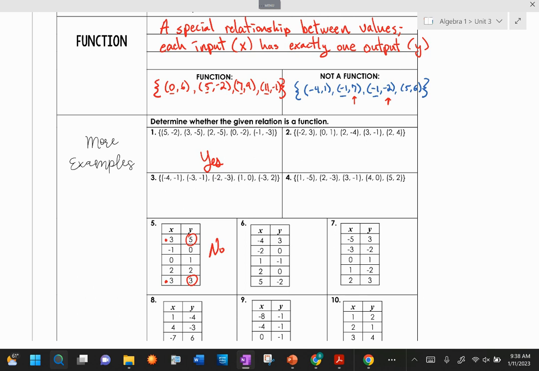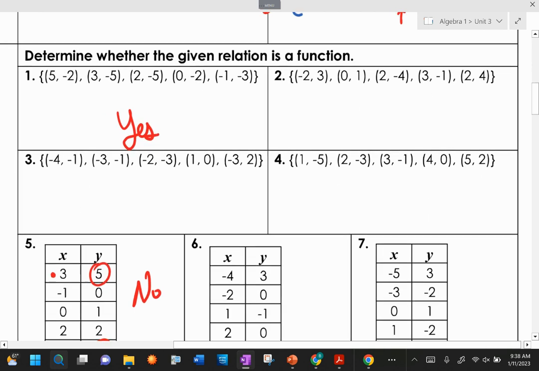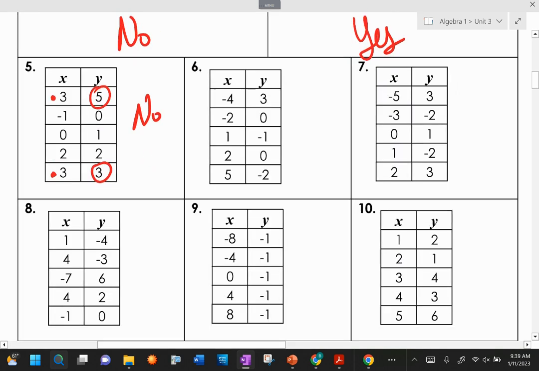All right. Let's check these out. Number 2 is no. Number 3. No. Number 4. Yes. Number 6.